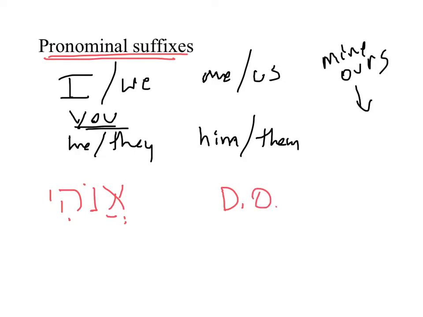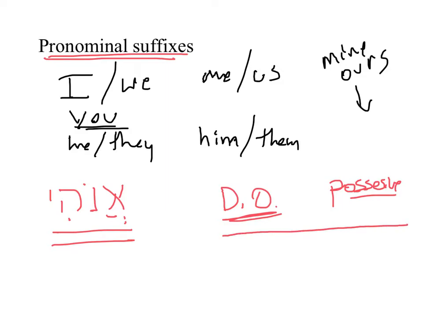Direct objects will be attached, and we'll also have possessive words attached to nouns and the like. So in Hebrew, same sort of circumstances, but the only standalone pronouns in Hebrew are the subject. Now we're going to look at attached pronouns that have different functions in the sentence.